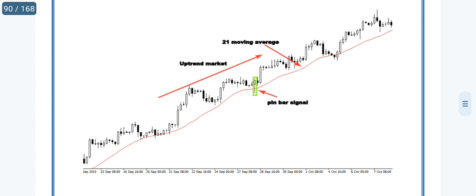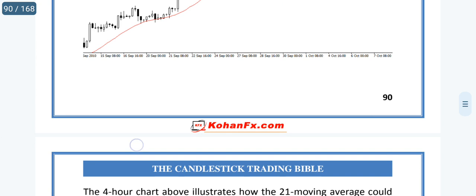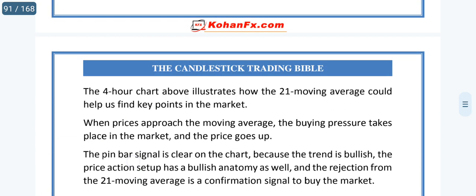But this is done in case we cannot identify the support and the resistance levels in a market trend. We use the moving averages to locate the penny bars, especially when they form in a market.